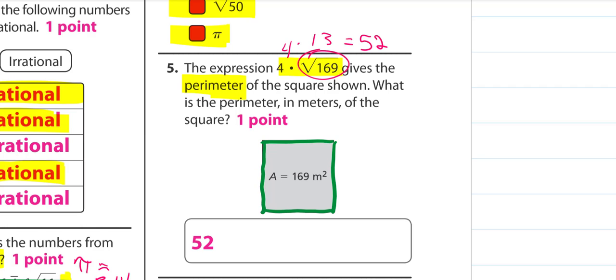We're being told in the problem that it's 4 times the square root of 169, which means that each of these sides is 13. 4 times 13 is what gave us this answer of 52, because if I do 13 plus 13 plus 13 plus 13, or 13 times 4, that's measuring each side of this square, and that's how I get the perimeter. Okay.